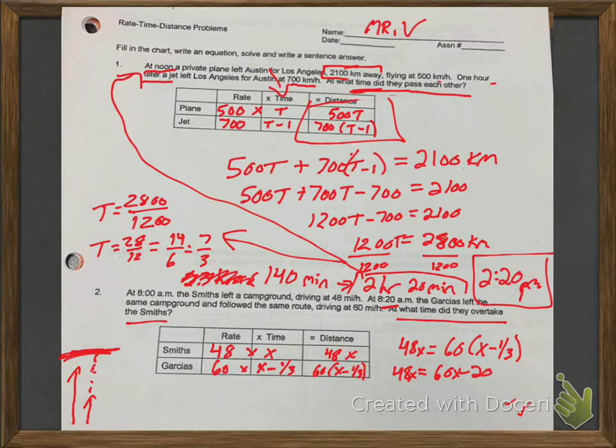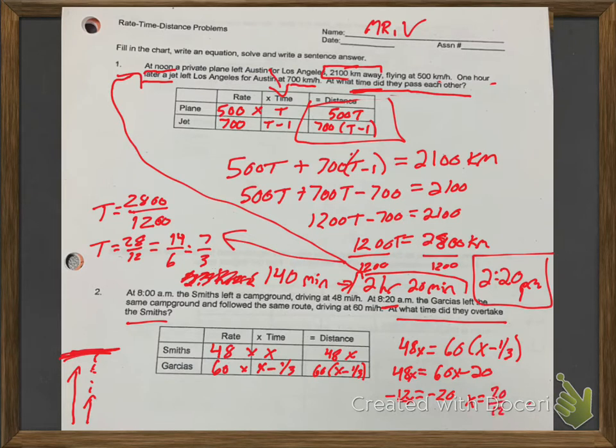And I would get negative 12X is equal to negative 20. And then from there, I would divide each side by negative 12, and I would get X is going to be equal to, since a negative divided by a negative is positive, 20 over 12.